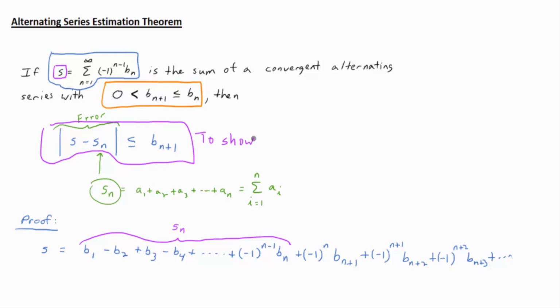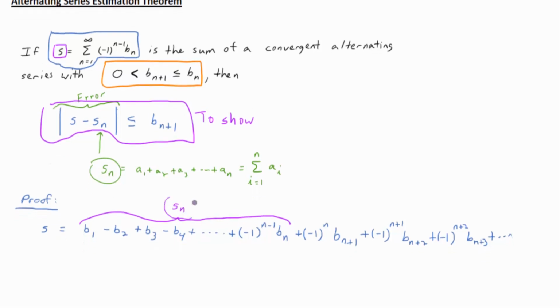So I'm going to take that Sn, the b1 minus b2 plus b3 minus b4 plus dot dot dot, all the way up to negative 1 to the n minus 1 bn. I'm going to take that and subtract it from both sides. I'm going to treat this like an equation. And I'm going to subtract Sn from both sides.